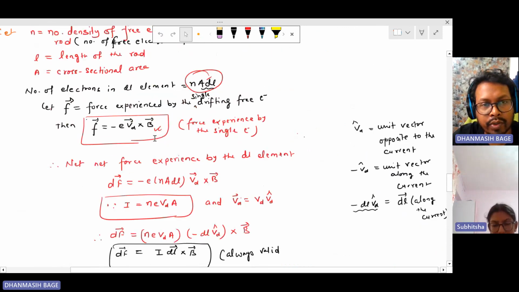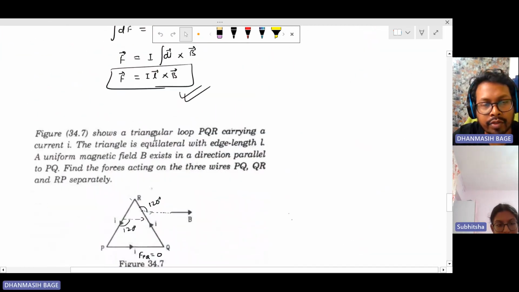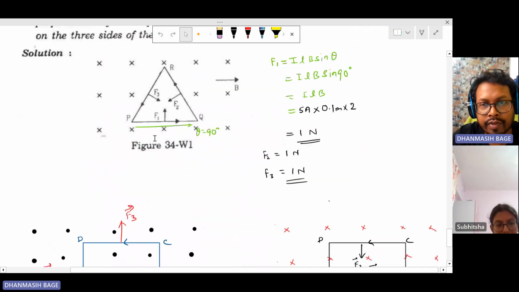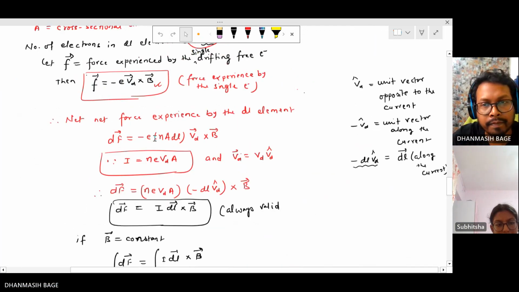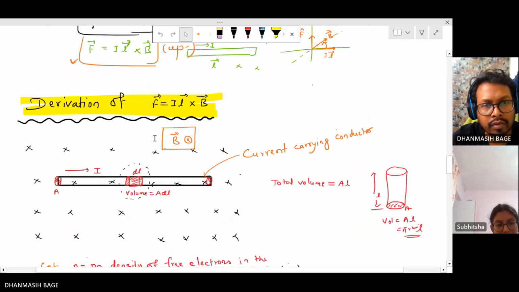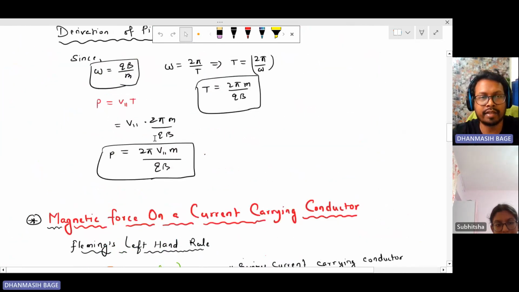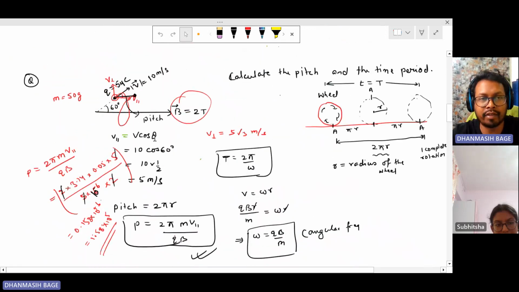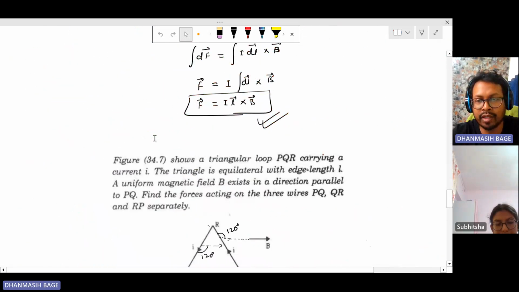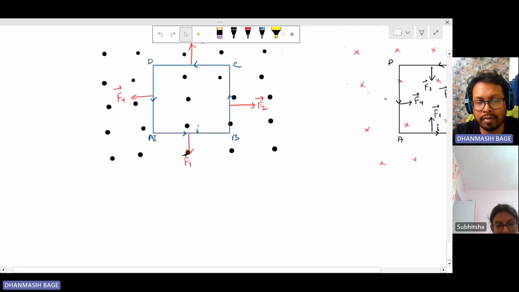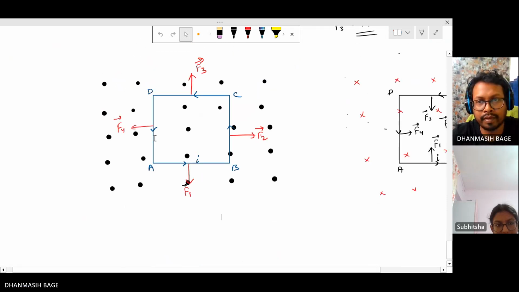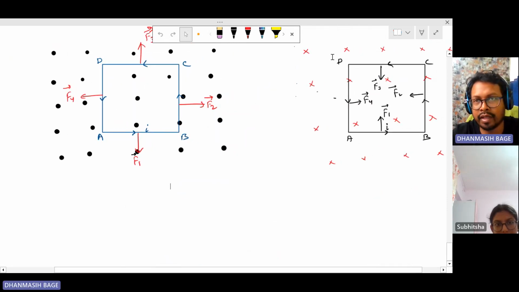Is that clear how to do these things? Yes, sir. IL cross B, how to find out the directions of these things. See, it is just the application of vectors that you have learned, right? If you know vectors well, these are just very simple problems. They look very difficult, but they are not.